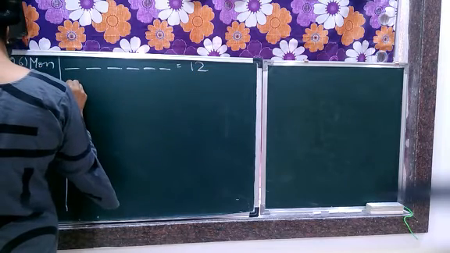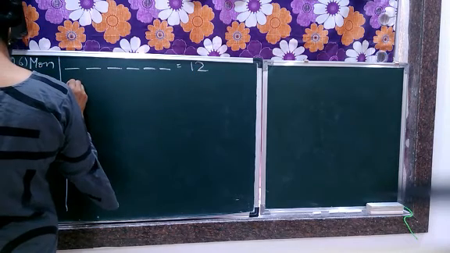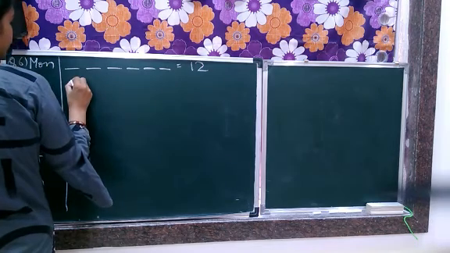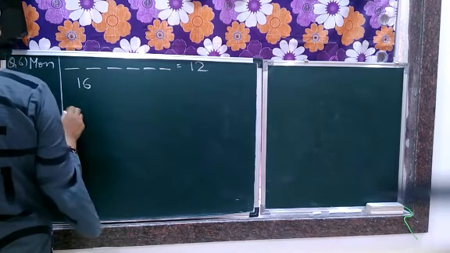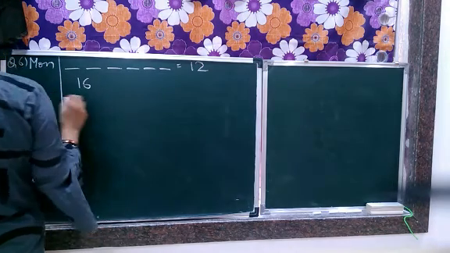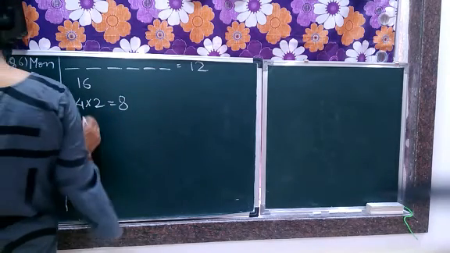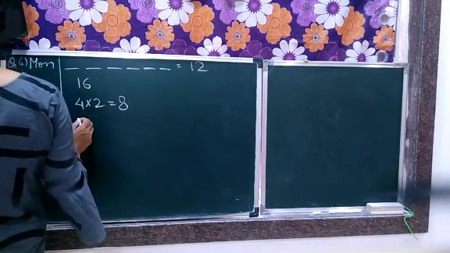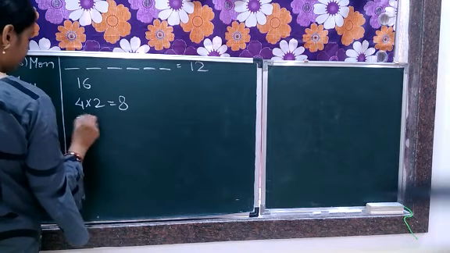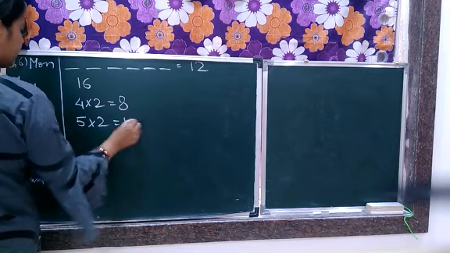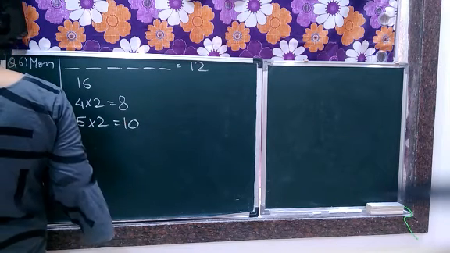Then Tuesday there are 1, 2, 3, 4, 5, 6, 7, 8. So 8 twos are 16. Wednesday there are 4. So 4 twos are 8. Then Thursday there are 5. So 5 twos give us 10.